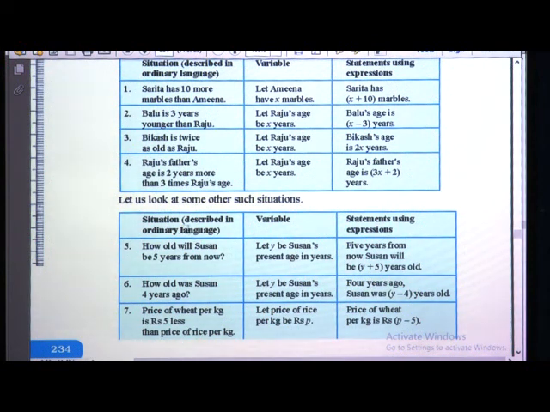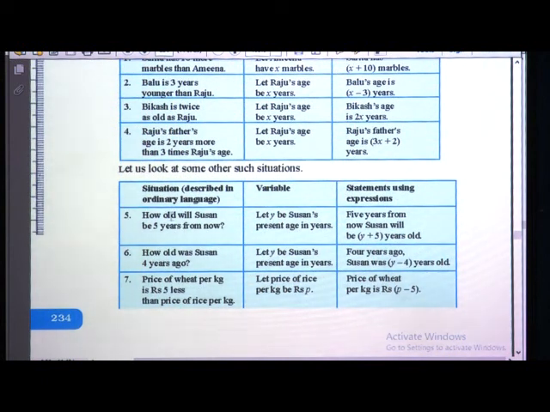Next, situations described in ordinary language. Let us see a few more examples. How old will Susan be 5 years from now? From today, after 5 years, what will be her age? We do not know Susan's present age, so let y be Susan's present age.